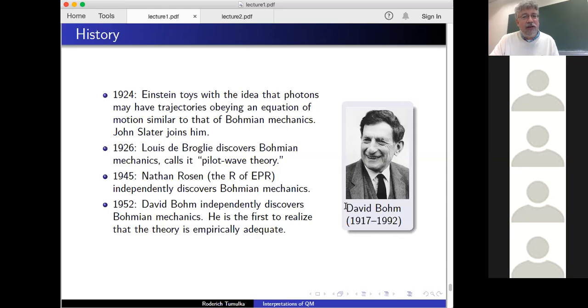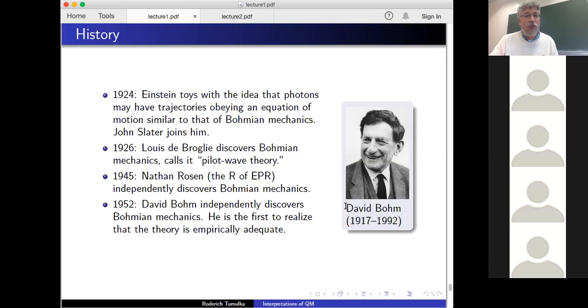And John Slater worked with him on that, but he didn't have a good proposal for what the equation of motion would be. He had a proposal which was essentially the Poynting vector, but that's not a good proposal.